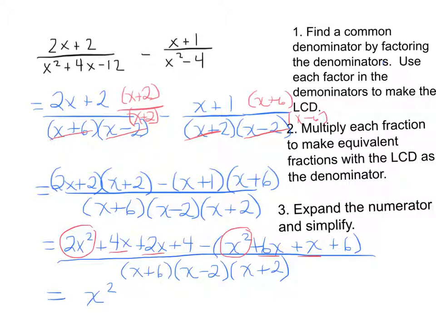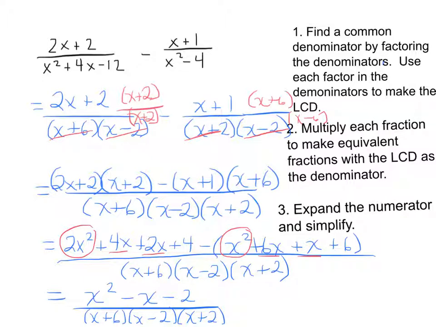So that's negative x. And then I have 4 and negative 6. So negative 2. X plus 6. I'm running out of space here. Still over that whole denominator.